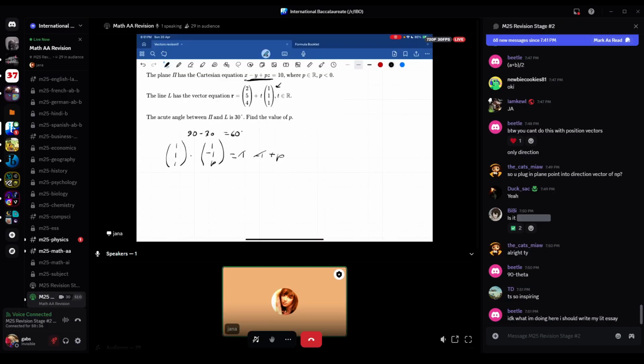And then we know that that equals the magnitude of the first vector, the square root of 1 squared plus 1 squared plus 1 squared, times the magnitude of the second, the square root of 1 squared plus negative 1 squared plus p squared, times cosine of 60.